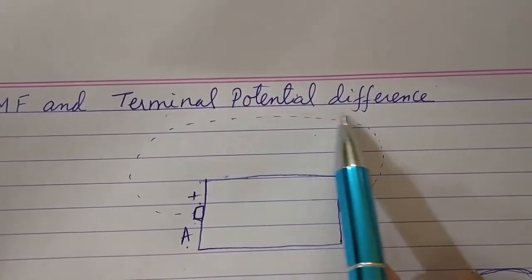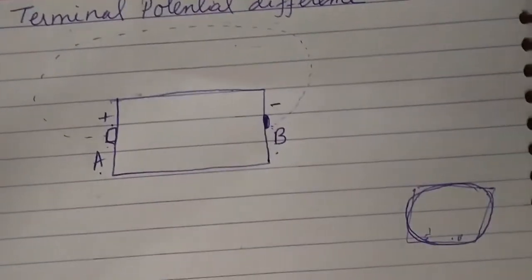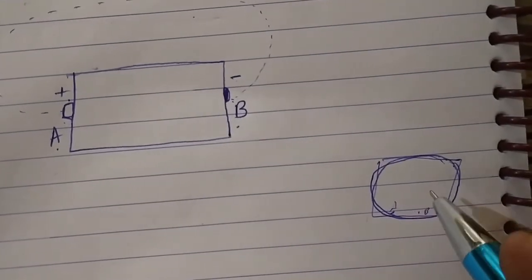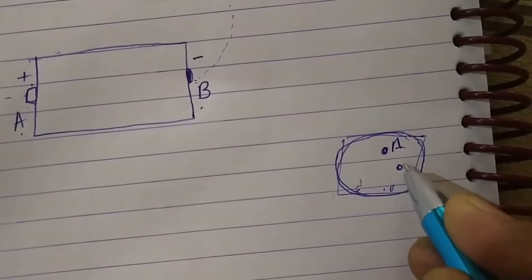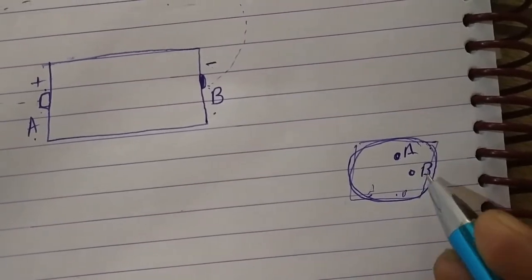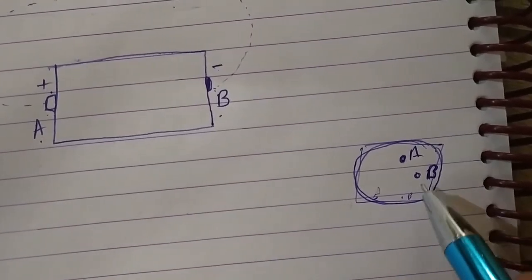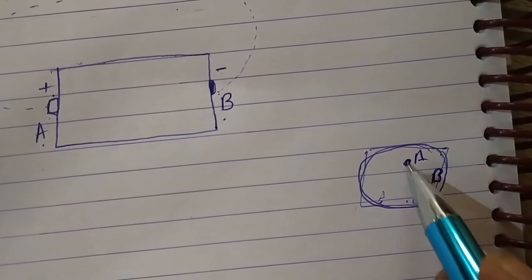So potential difference we have already discussed. Suppose this is an electric field and we have to move a charge from point A to point B. For moving the charge from point A to point B, work has to be done.